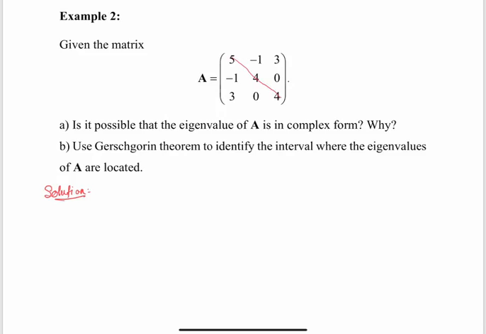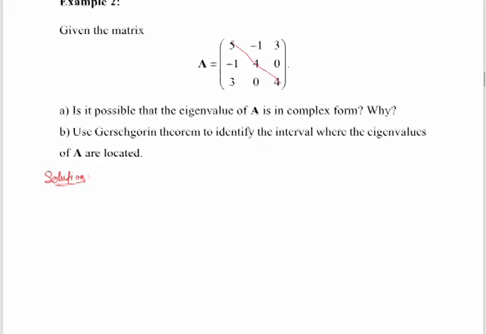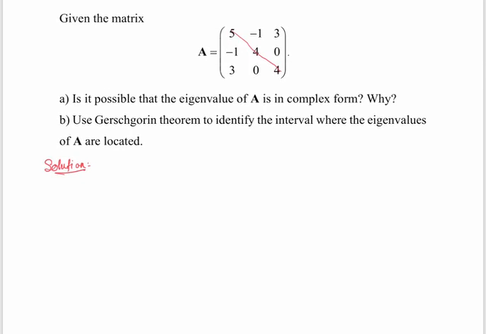The diagonal of the matrix is what I underlined in red, so we can see this matrix is reflected at the diagonal. In other words, we can also say that this matrix A is a symmetric matrix. So the answer for (a), is it possible? It's not possible.